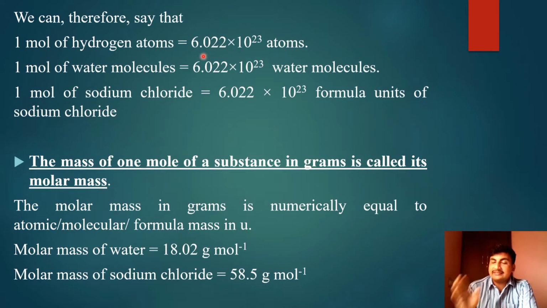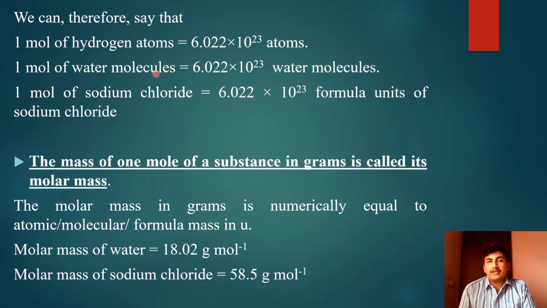No. Same like that, 1 mole of hydrogen atoms is equal to 6.022 into 10 to the power of 23 atoms. When we say it in terms of molecules or atoms, the value is the same, the Avogadro number. 1 mole is equal to Avogadro number of particles.